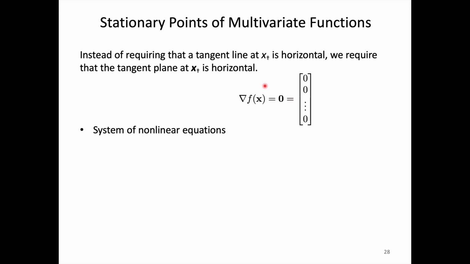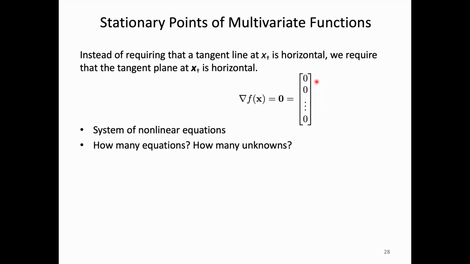If we derive the gradient of f of x, we're going to have some symbolic result for each one of the components of the gradient, and then we set that equal to 0, and so we have this system of nonlinear equations. So how many equations and how many unknowns?